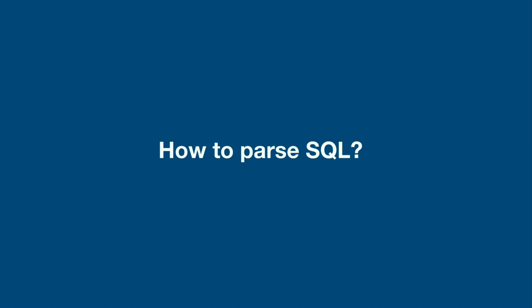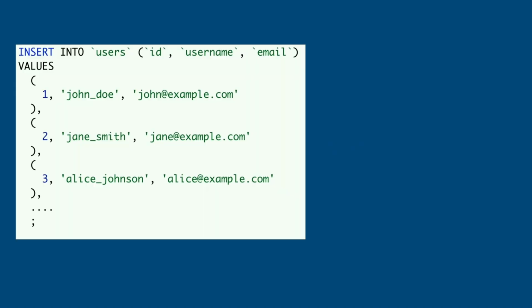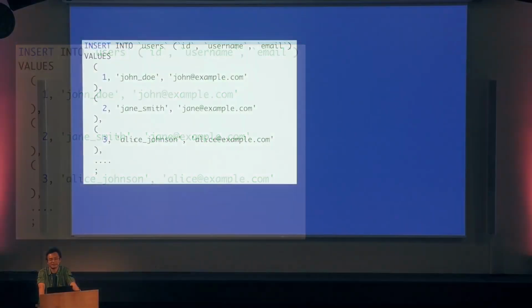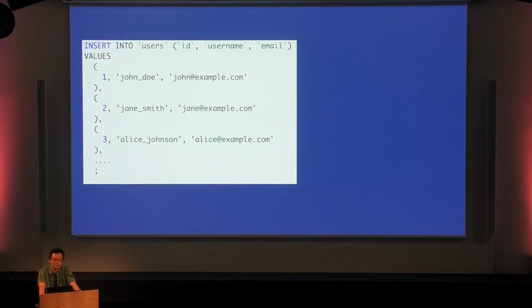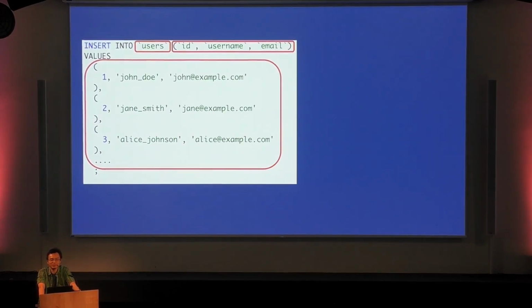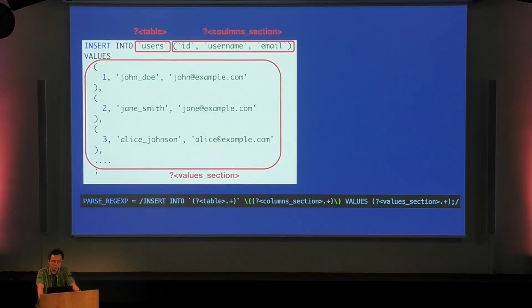Then, how to parse SQL. But still, you have to parse this. What I tried to do is use regular expressions. Basically this is three parts: table information, column information, and actual data. Just simply prepare a regular expression for each. But the values are a bit tricky, because there can be many columns.